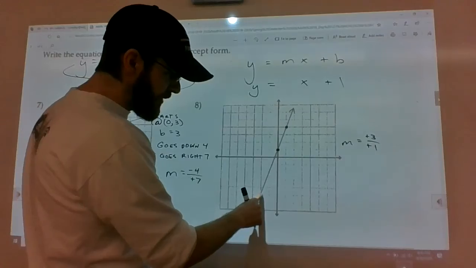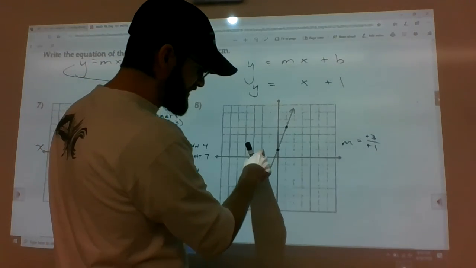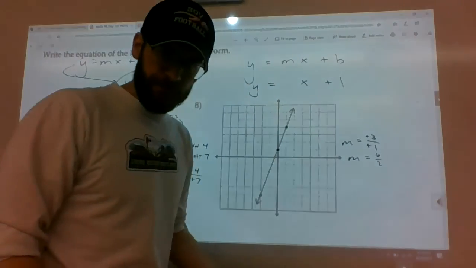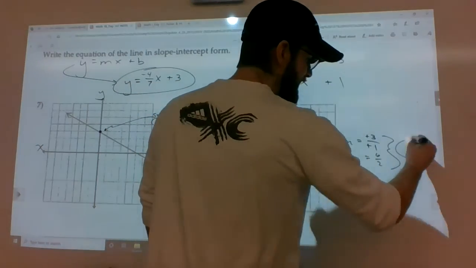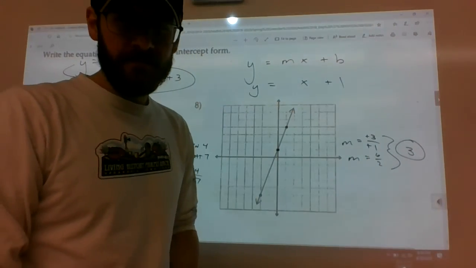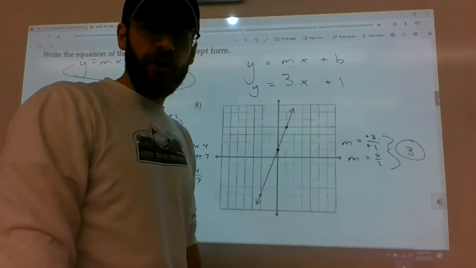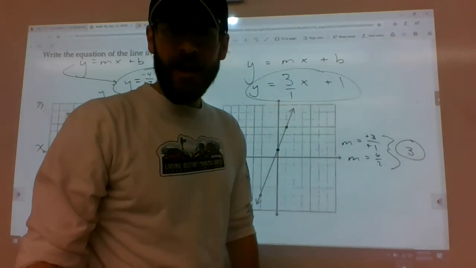But if I were to go from here to here, 1, 2, 3, 4, 5, 6, right 2, which one of these am I supposed to use? Well, they both equal 3. The slope is 3. And if you don't feel comfortable with a whole number there, put it 3 over 1. All right, see you guys.